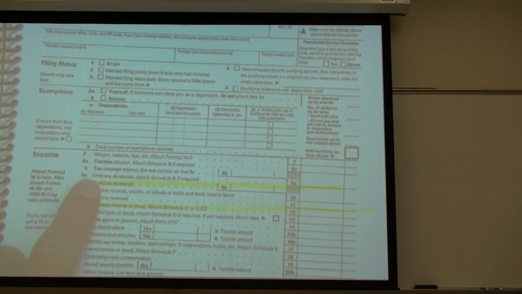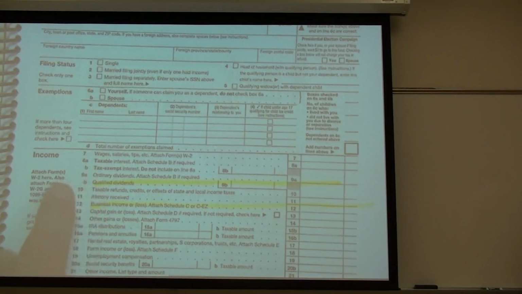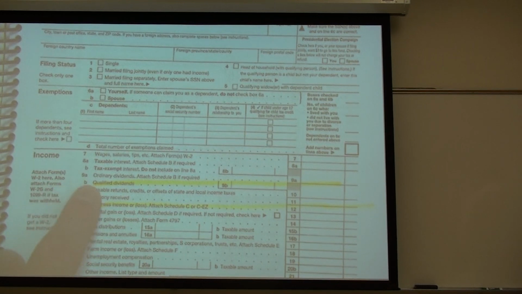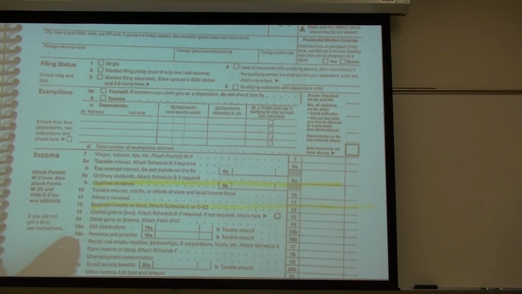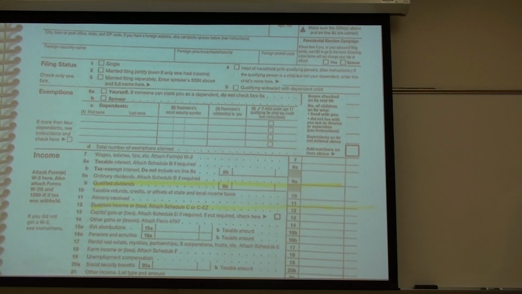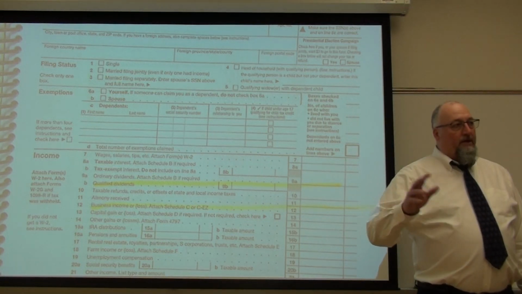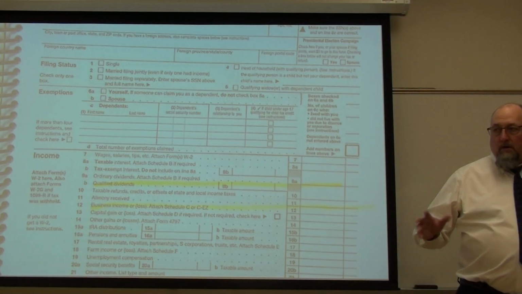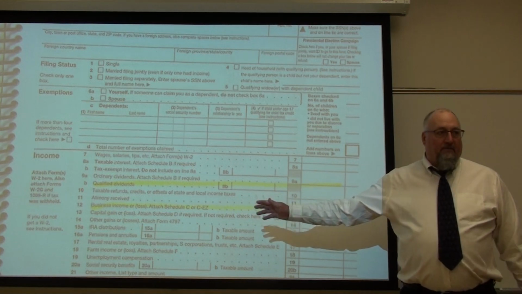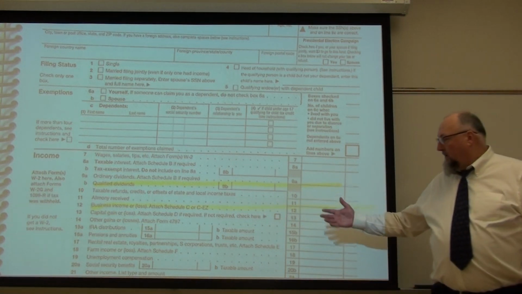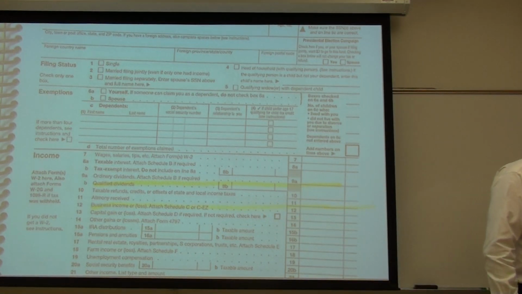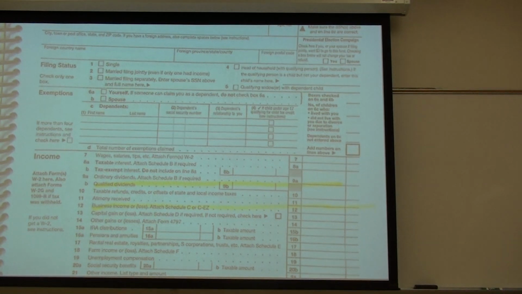Maybe you made money on a loan or something. And then here's where you file for your dividends, and then also if you had other type of income. So this is where you're going to report your distributions from the S corporation or your partnership that you are a part owner. That's going to show up on your 1040 form, and then that will be your income that you'll have to pay tax on.